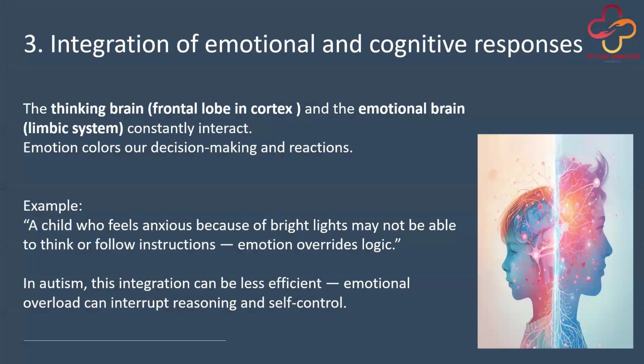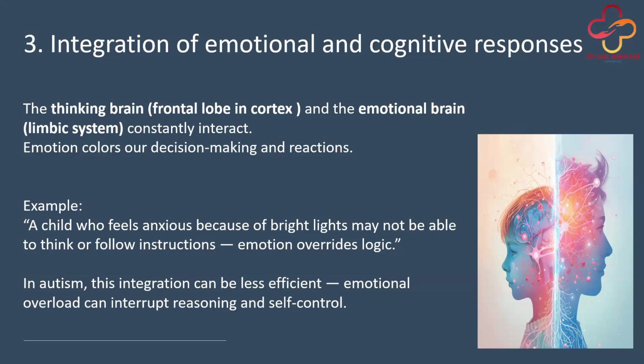Now, have you ever realized your productivity goes down when you are emotionally low or under a lot of stress? Why does that happen? Because the limbic system, which is called the emotional brain, is coordinating with the thinking brain, the cortex, frontal lobe.